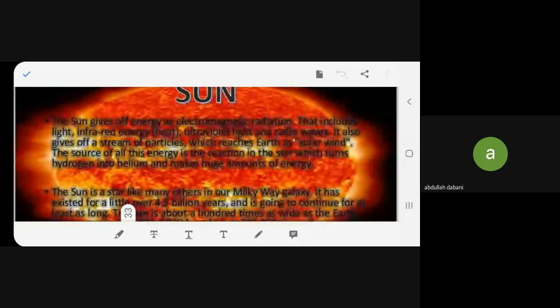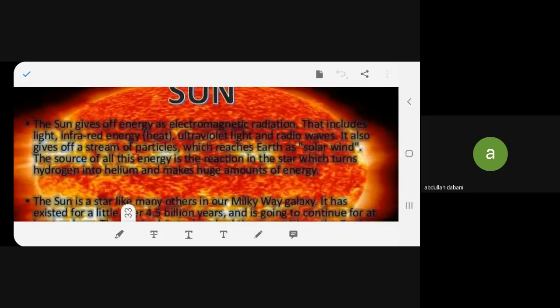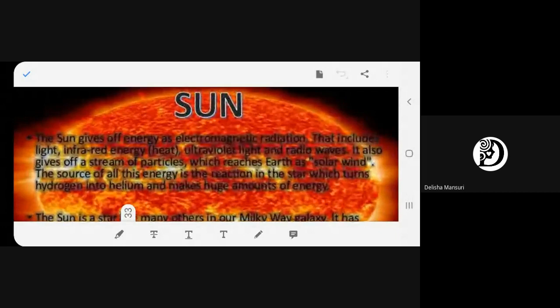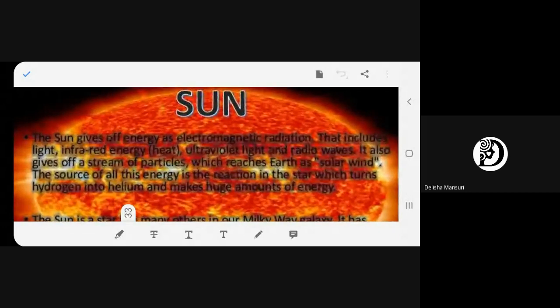More about the sun, please. Read, beta. The sun gives off energy as electromagnetic radiation that includes light, infrared energy, heat, ultraviolet light, and radio waves.